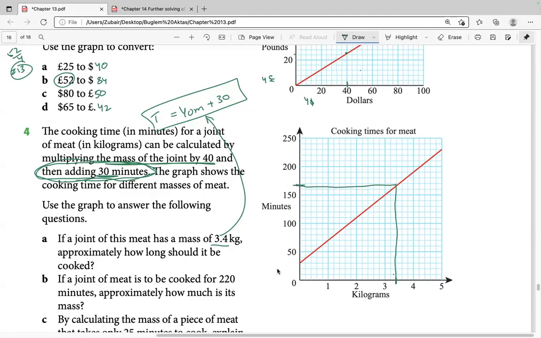Now this was 50 divided by 5, so one small box is 10. So this is 150, then this is 160. If that is exactly between the two boxes, I will write 165 despite knowing that it is 166. Are you getting my point? Yes. We still have to use the graph, that's the purpose of this.